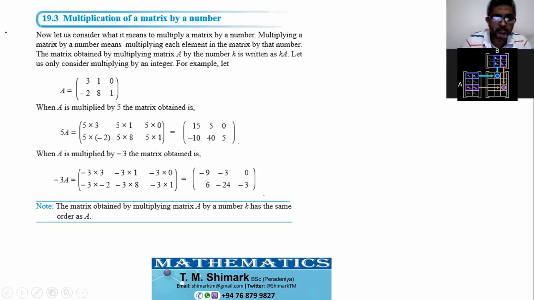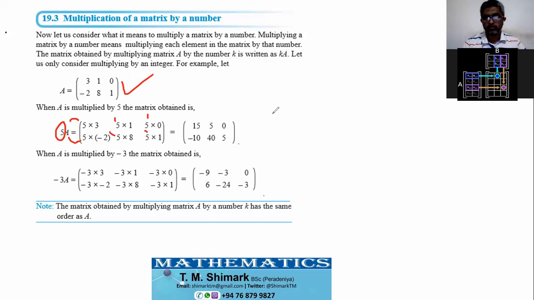Now we come to multiplication. Multiplication by a number. Nothing much. We have this matrix. If you just want to multiply by a number, see this 5 we are multiplying with. So this 5 will go to every element of that.